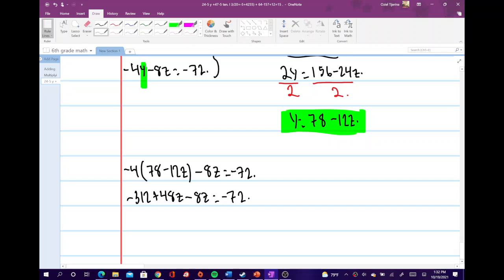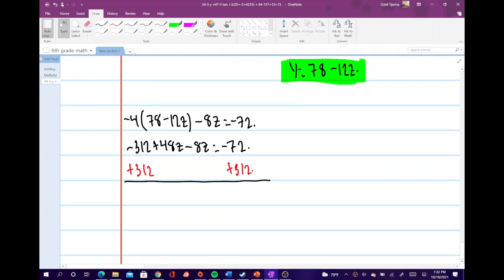Now, again, we never want a constant on the left. So we're going to go ahead and get rid of that constant. We have 48z minus 8z equals, and again, 312, so -72 plus 312, that's 240.